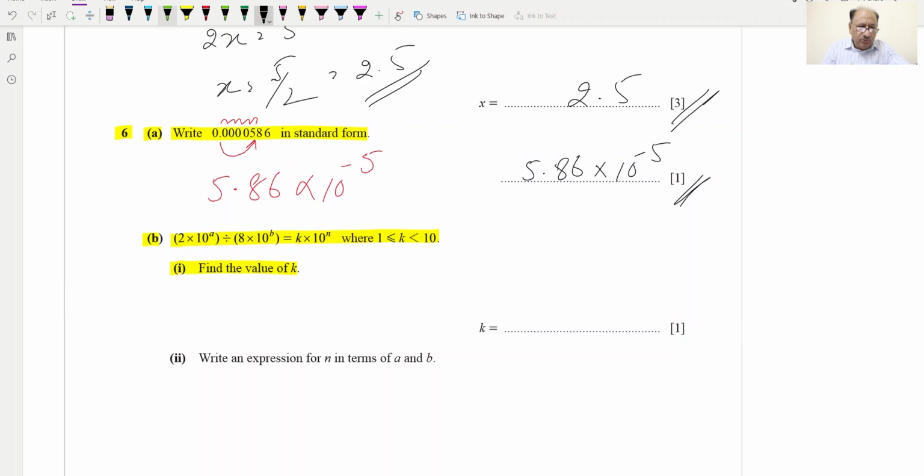So what we can do, we can write this in division format. So 2 into 10 raised to a over 8 into 10 raised to the power b, and this is equal to k into 10 raised to the power n.